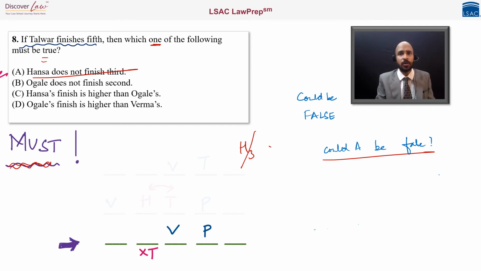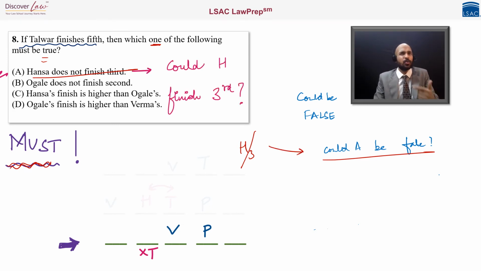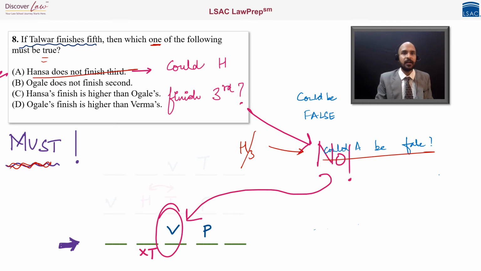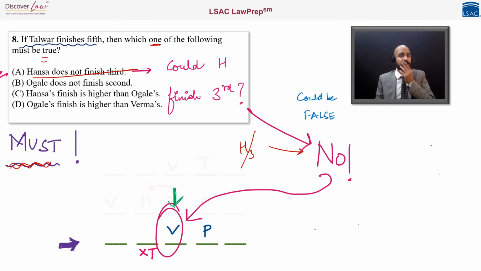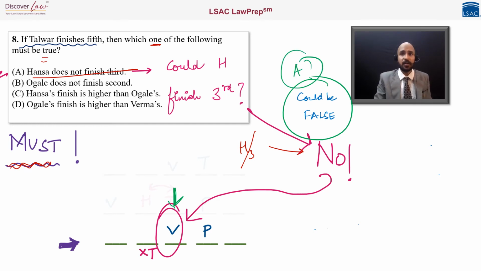I'm asking you, could this be false? In other words, could Hansa finish third? Now when you look at this here, you can see that clearly Hansa cannot finish third because V is finishing third, right? So is it ever possible for A to be false? Can A ever be false? The answer to this is no. There you go. You found your answer immediately. A is the answer.